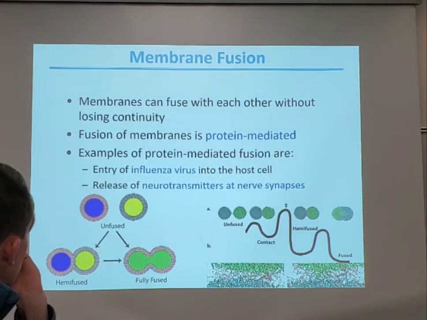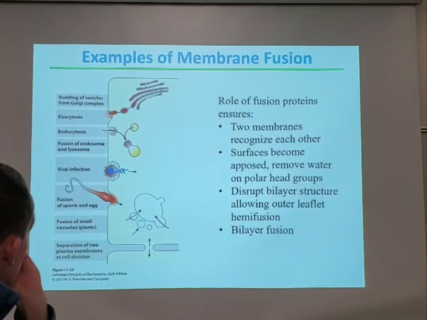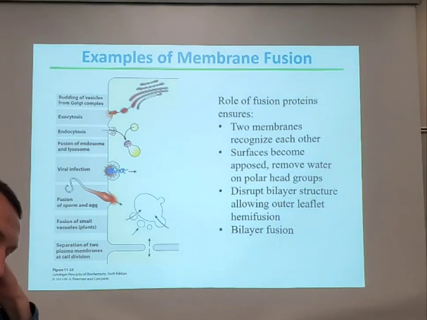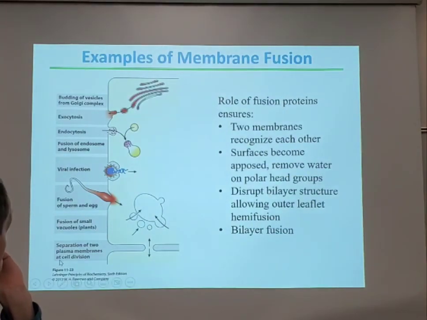Now, we skipped over that, but here are other examples you're familiar with in biology that do membrane fusion. Budding of the Golgi apparatus, exocytosis, endocytosis, fusion of your endosome and lysosome, viral infections, fusion of the sperm and the egg, vacuoles, and just separation of actual cells, right? Cell division.